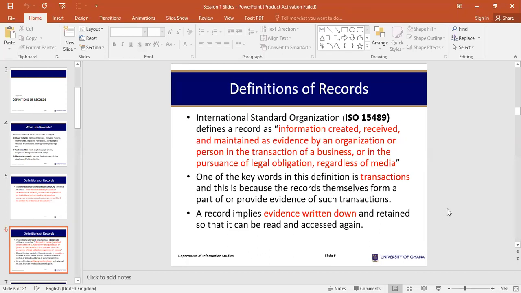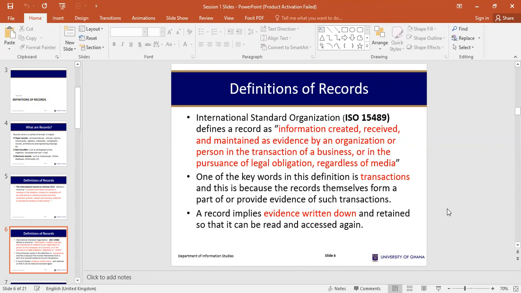Now, one of the key words in this definition is transactions, and this is because the records themselves form a part of or provide evidence of such transactions. When we're talking about transactions, we are looking at business transactions, corporate transactions, an individual to an organization, organization and organization.